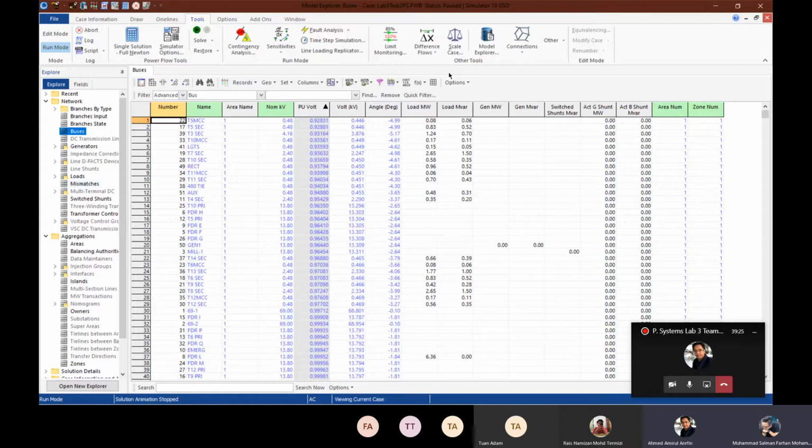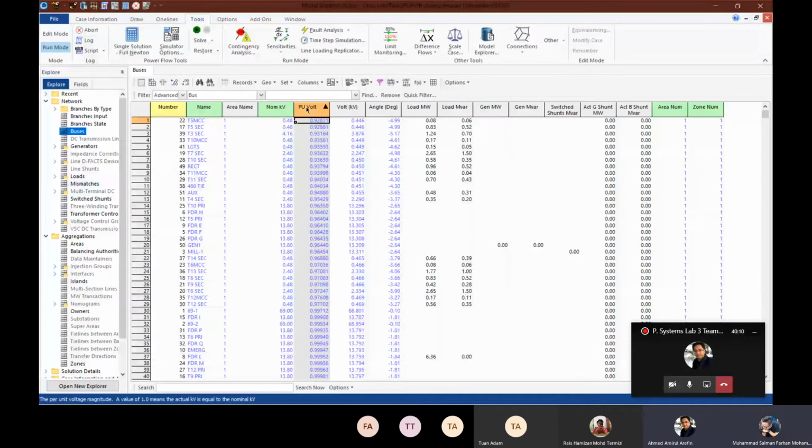Okay, so which one is the lowest per unit voltage? The bus number 22.